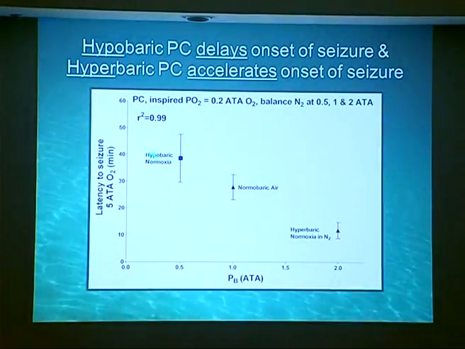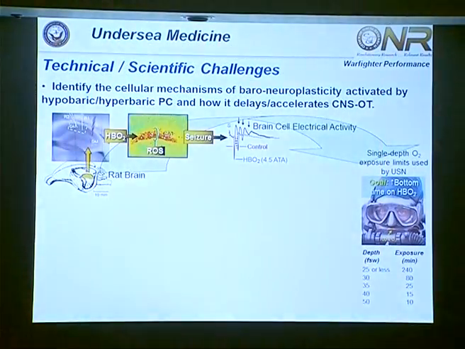And so then if we took the gases where we used all balance of nitrogen, you can see here at a half an atmosphere, 1 atmosphere, and 2 atmospheres, the preconditioning effect on the animal's response to 5 atmospheres was dropping off dramatically as we increased the preconditioning pressure. So the question is what is causing this? I don't know yet.